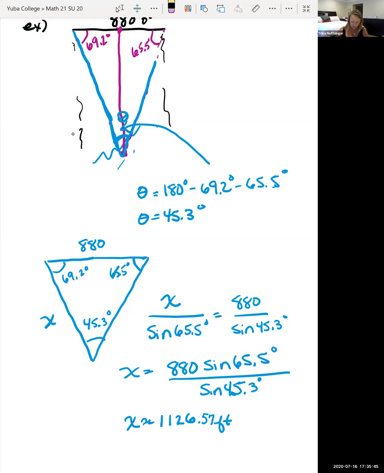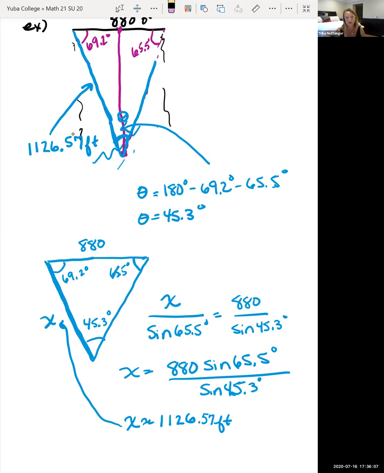So we just found what this length in here was. Here we know that this right here was 1,126.57 feet.